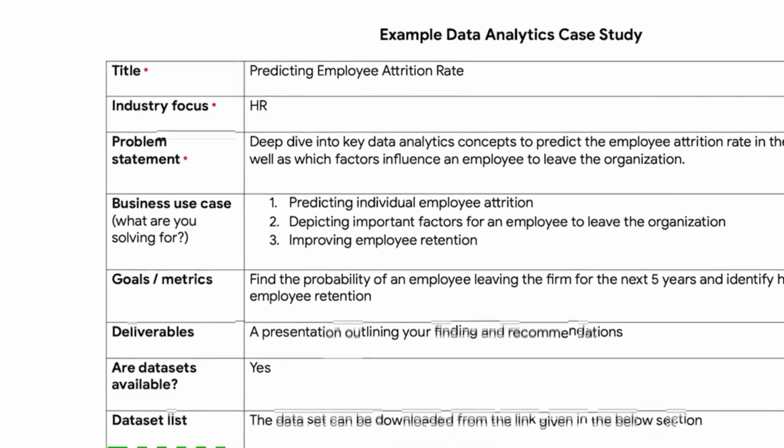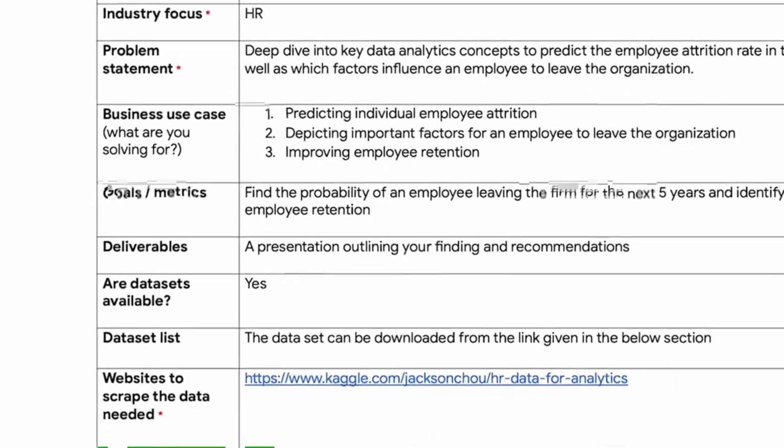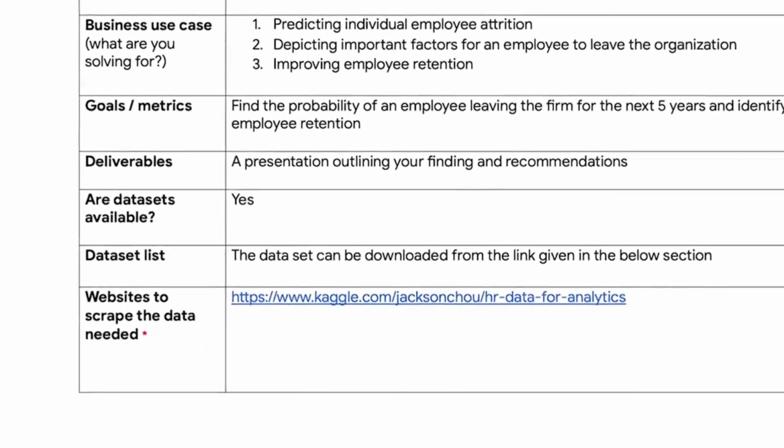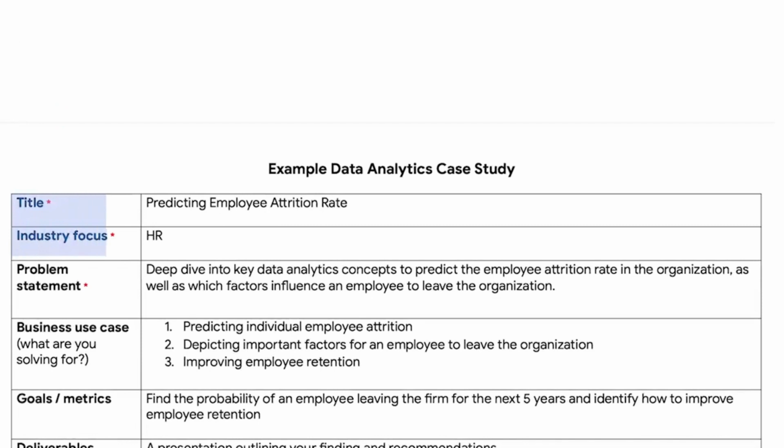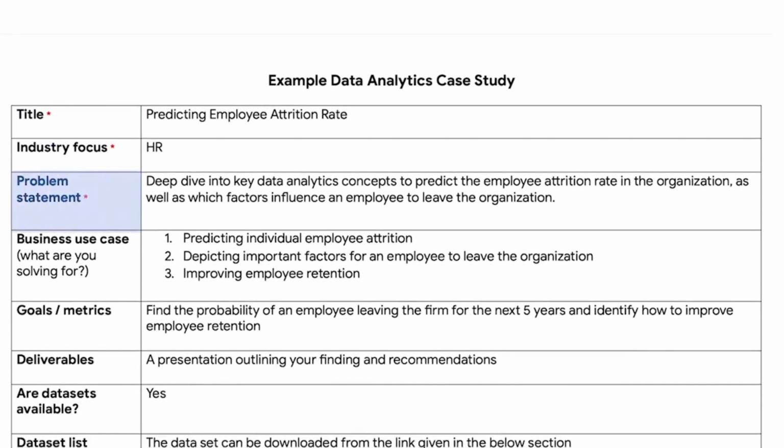This case study has all of the information we'd need to perform this task. It starts here with the title and the industry focus, predicting employee attrition rate for human resources. It also includes a problem statement outlining what the overall goal is.